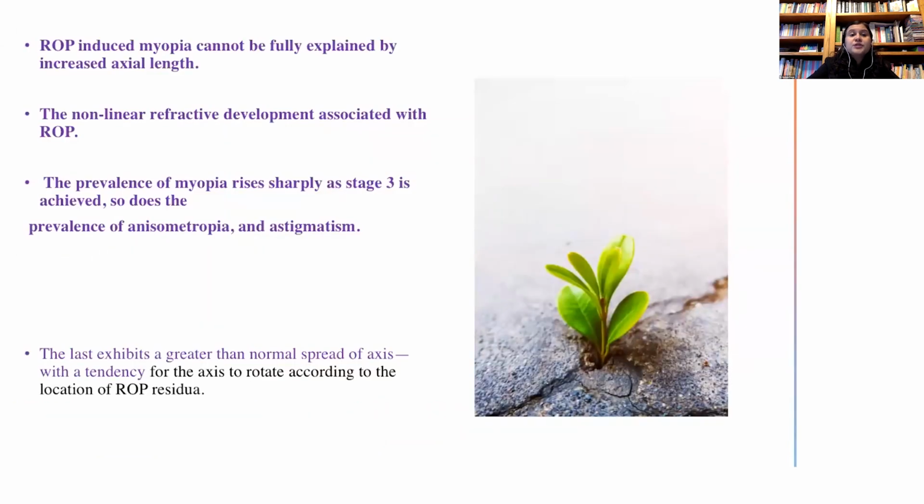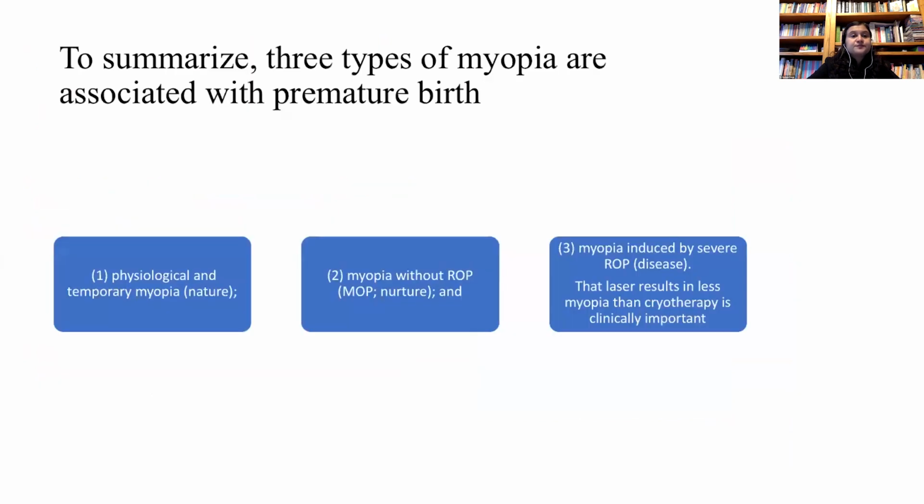ROP-induced myopia cannot be fully explained by increased axial length. There is always a non-linear refractive development associated with ROP, and the prevalence of myopia rises as stage 3 is reached, and so does the prevalence of anisometropia and astigmatism.